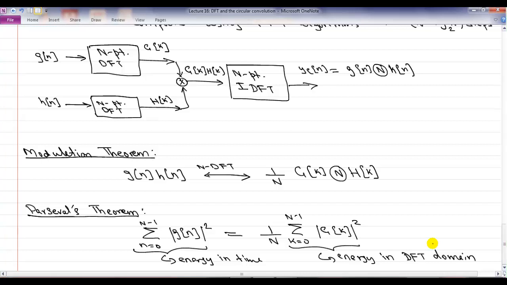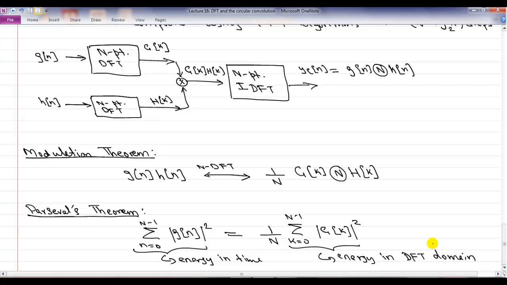Okay, so this completes our discussion of the main theorems that we wanted to cover for the discrete Fourier transform. Now let's go back to the question that we had raised a few lectures ago, which was that the DFT can be used for both spectral analysis of signals, which we covered some time ago, and for processing of signals through linear time invariant systems. And why do we want to do that?